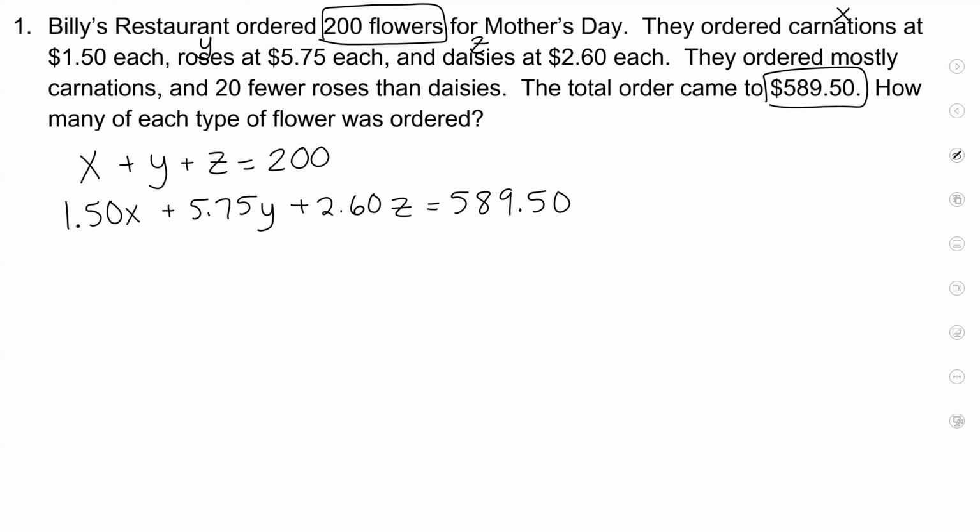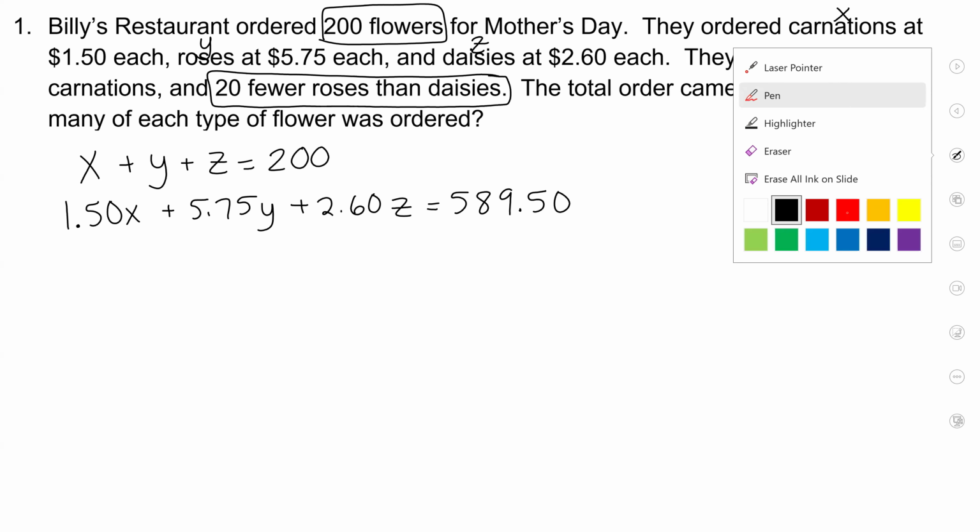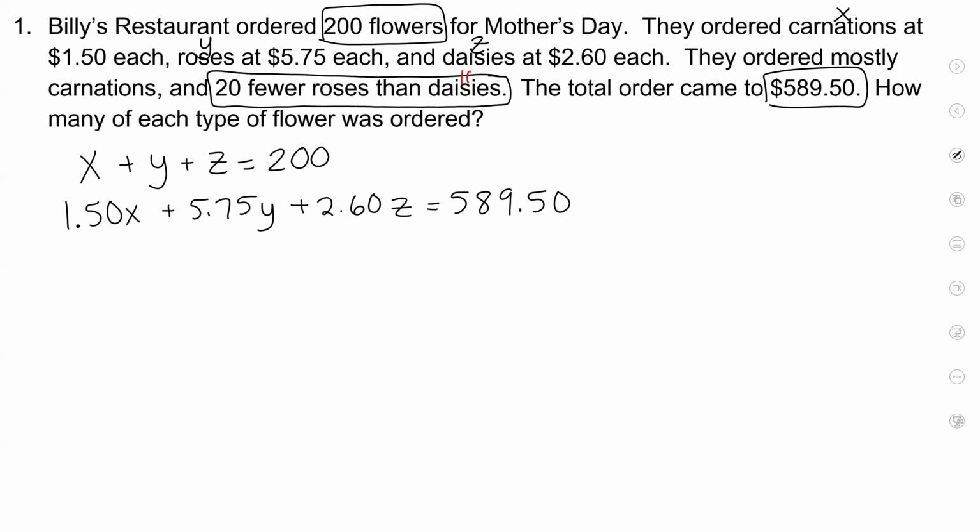Guys, I'm going to box the important part. This is what we know for certain. They ordered 20 fewer roses than daisies. Think about that for a moment. 20 fewer roses than daisies. Okay, so just for example, if I bought 100 daisies, how many roses should I have? 80. Good.